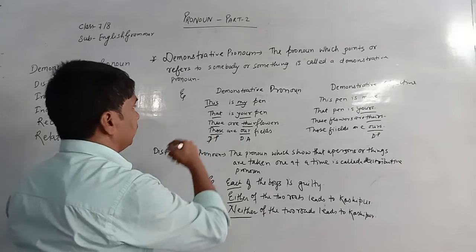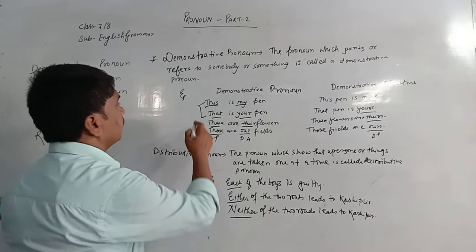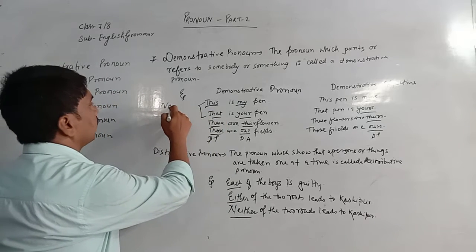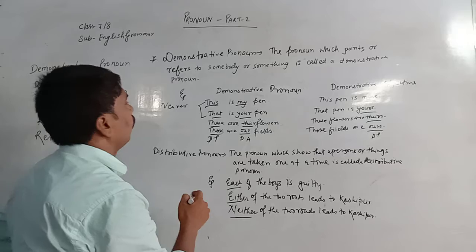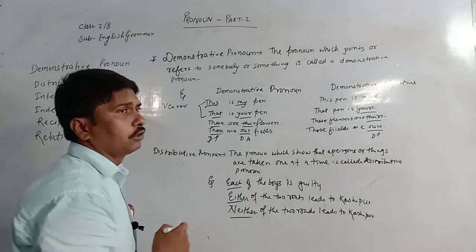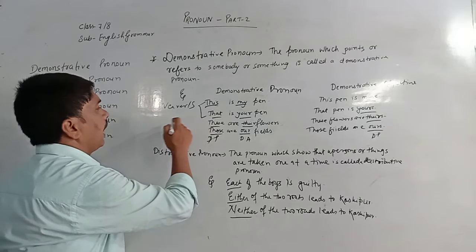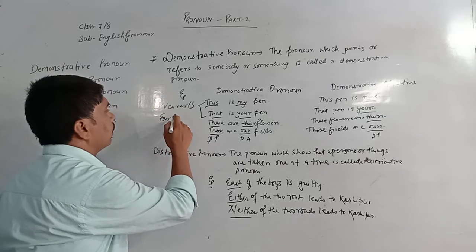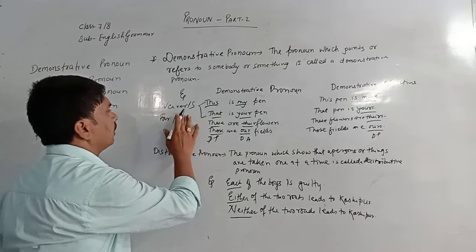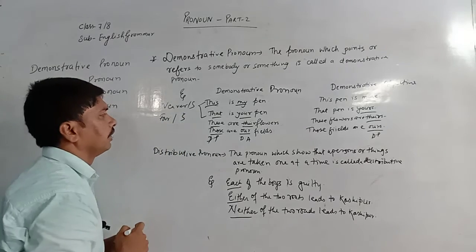If you talk about this and that, this refers to nearer things and also a singular thing. And that refers to a far thing, but a far and singular thing.